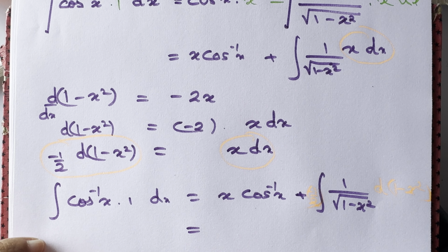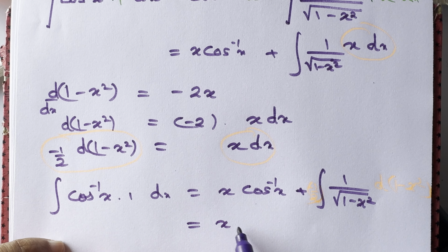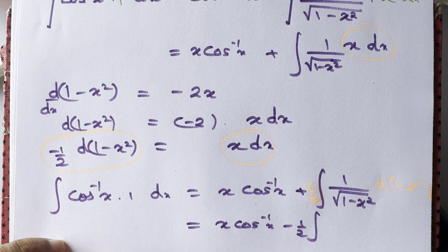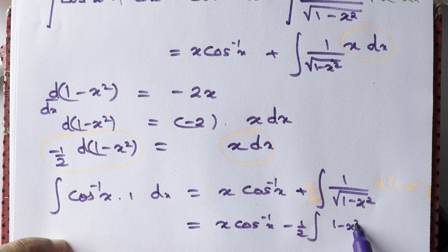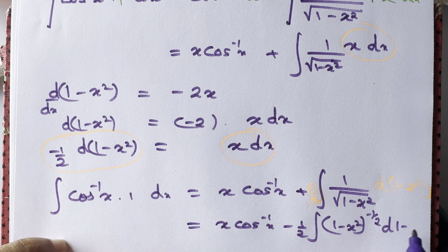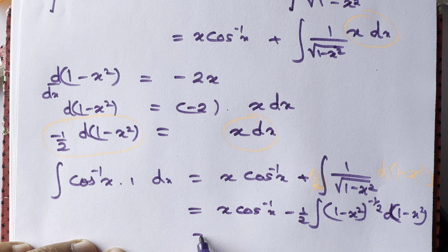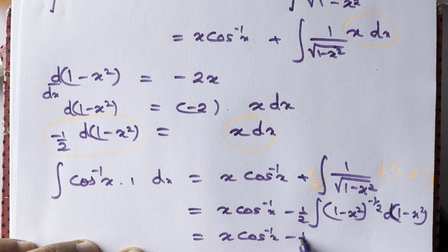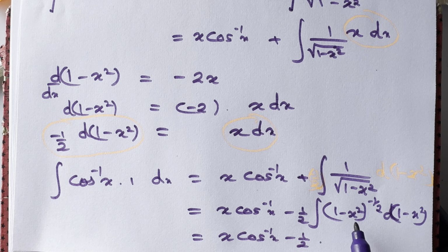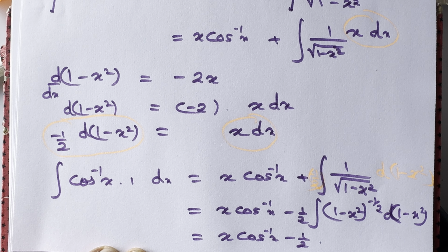Now we get an expression like x cos inverse of x minus half the integral of 1 minus x square to the power minus half d of 1 minus x square. Now we can apply the power rule. The integral of u to the power n du is u to the power n plus 1 by n plus 1.